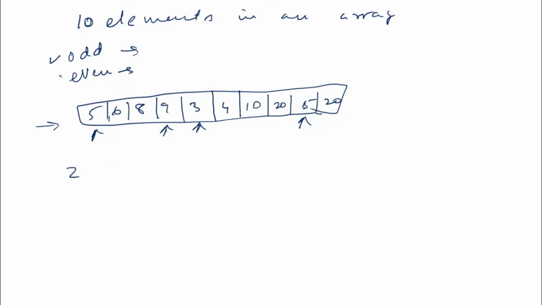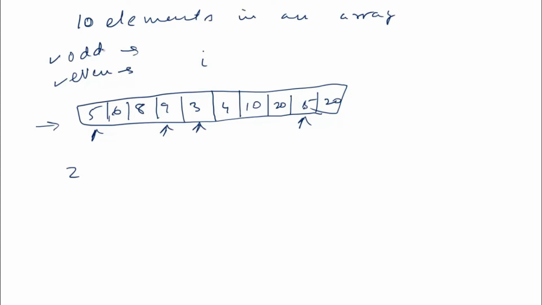Two variables, one for odd addition and one for even addition, and one variable for the I, that is the iterations. And there is also the array variable.